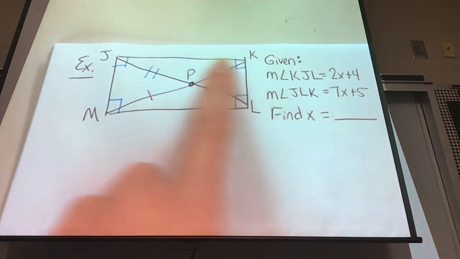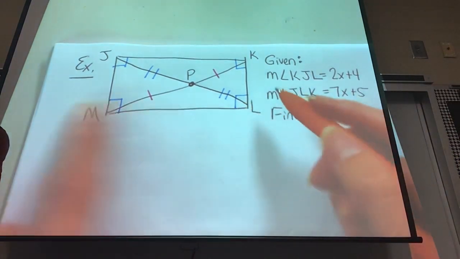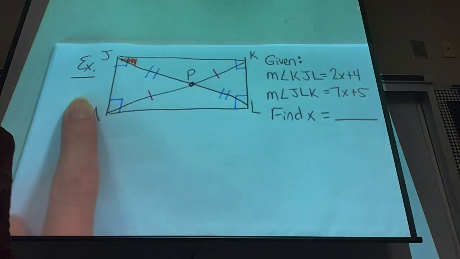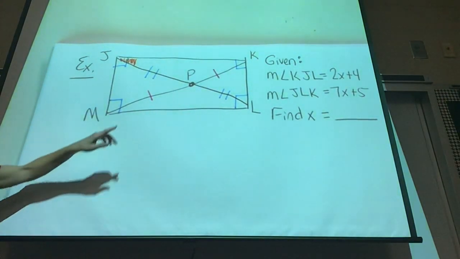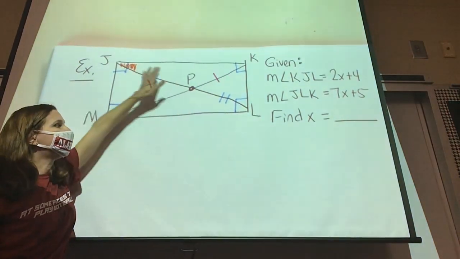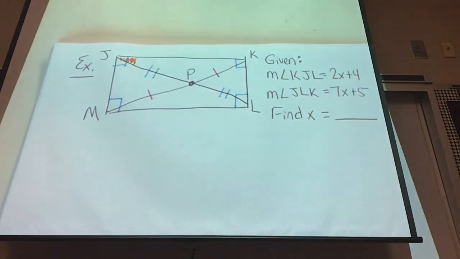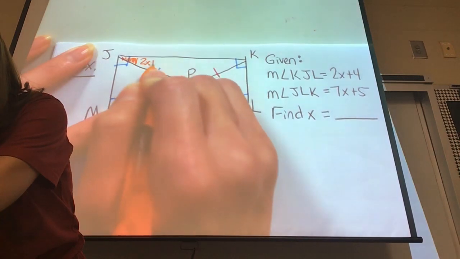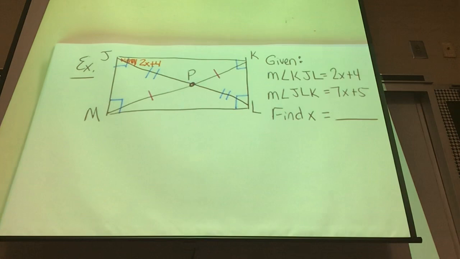Here's K, here's J, and here's L. So we're using J. It's going to be this little angle right here that I colored in orange. That little piece is this top one that they gave us, so that's going to be the 2x plus 4.